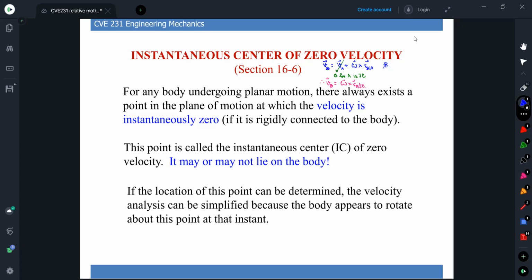So VB is equal to omega cross RB sub IC. This simplifies the problem, so when we know the location of IC, it is better to use the IC as the reference point for that instant.